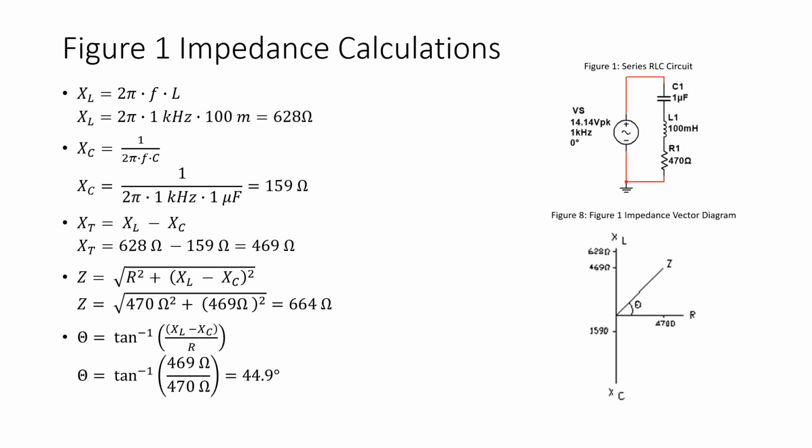The total impedance of the circuit is the vector sum of R, X sub L, and X sub C, as shown, and has a value of 664 ohms. The phase angle of the circuit is the inverse tangent of X sub L minus X sub C over R, which gives us a phase angle of 44.9 degrees. And the vector diagram for the impedance of the circuit of figure 1 is shown in figure 8.